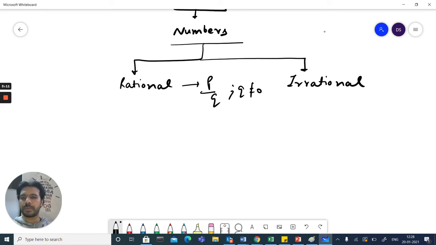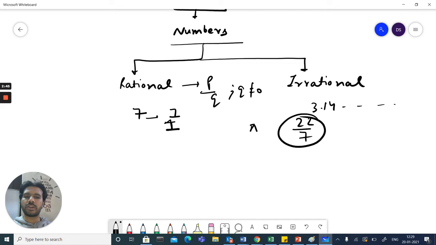For an example, let's take 7. If you ask me whether 7 is rational or irrational, you simply write it as 7 by 1. When you write it as 7 by 1, it becomes a rational number. At the same time, if I take something like pi, 3.14 and so on, though we say that pi has a value of 22 by 7, this 22 by 7 is not the value of pi.